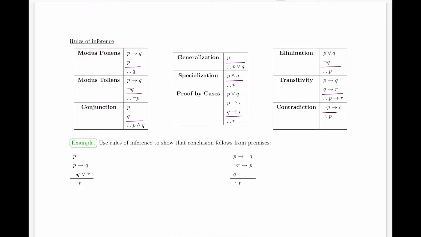First of all, we have modus ponens, as we saw on the previous page. P implies Q, P, therefore Q. From Latin, this actually translates to method of affirming. So you have an implication and then you affirm its premise and you therefore reach its own conclusion. Next one is modus tollens, which from Latin is method of denying.